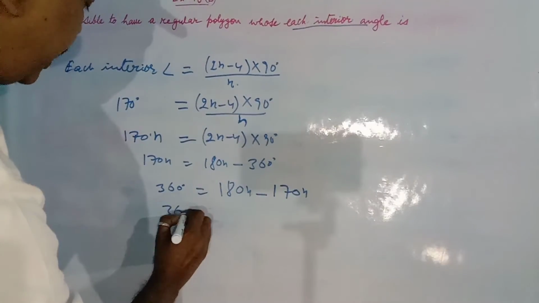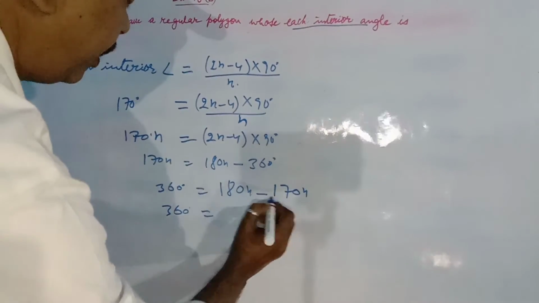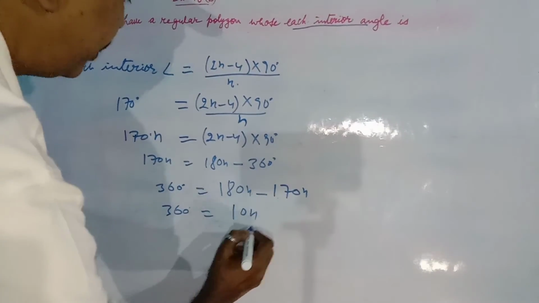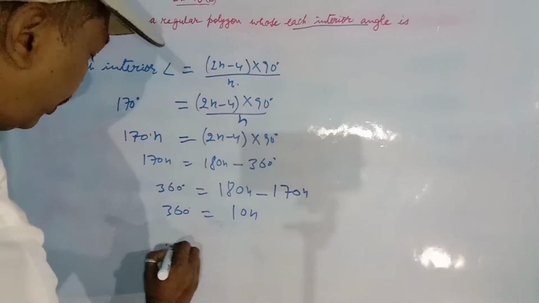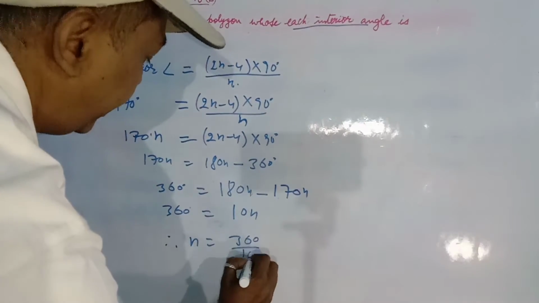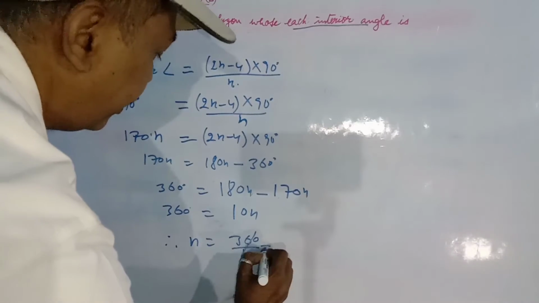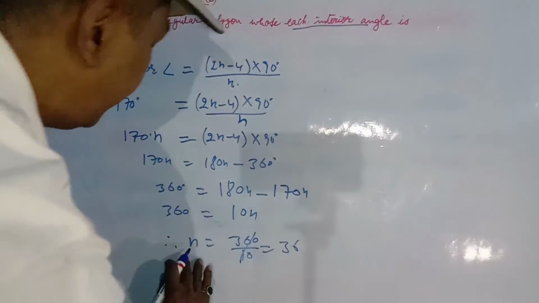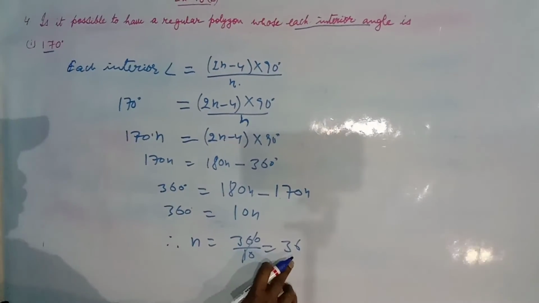Now 360 degrees equals 10n after subtracting. Therefore n equals 360 divided by 10, that will be 36.